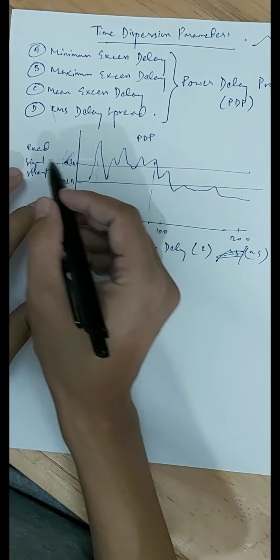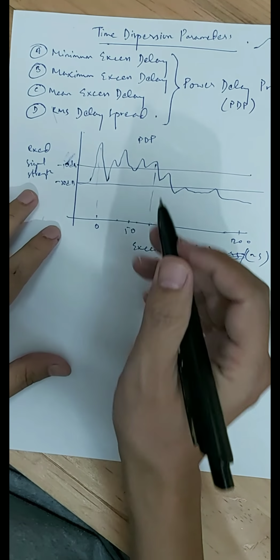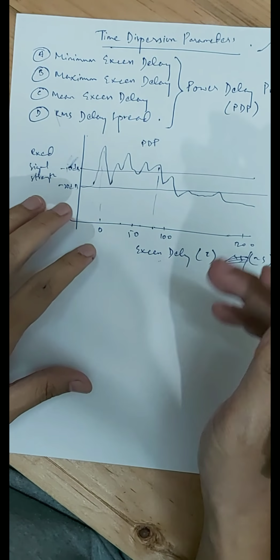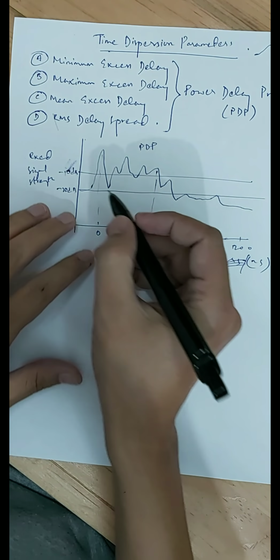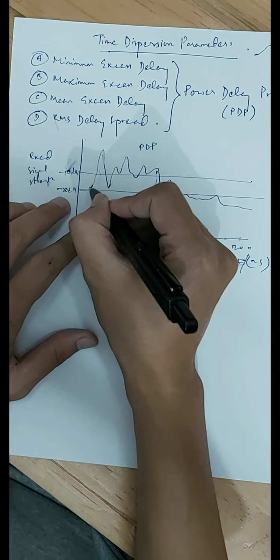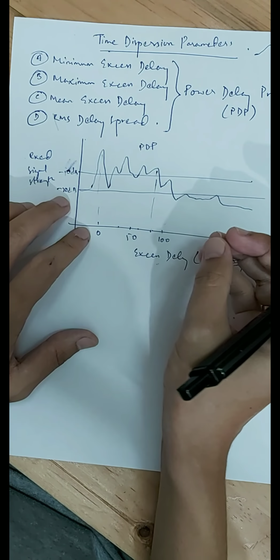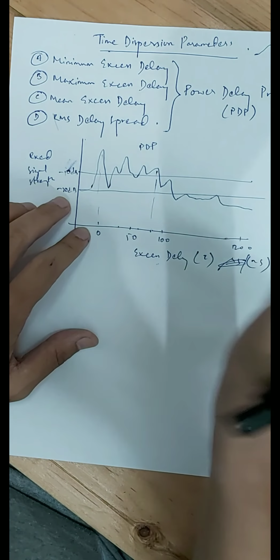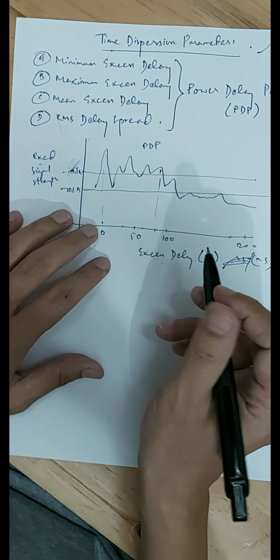Now, as the receiver receives this signal, it also receives some noise or distorted signal which is embedded inside these signals. So PDP also shows some noise which is included inside this received signal.